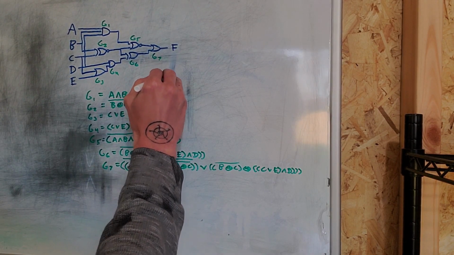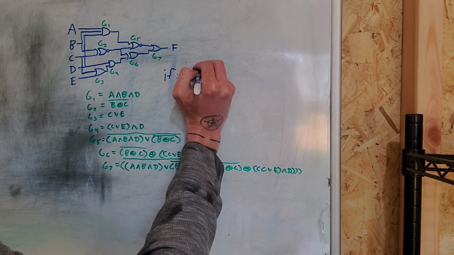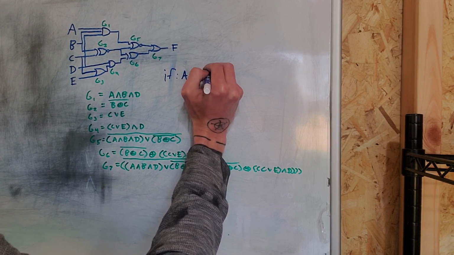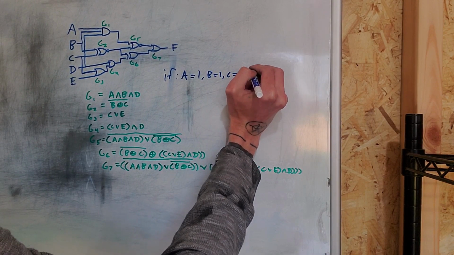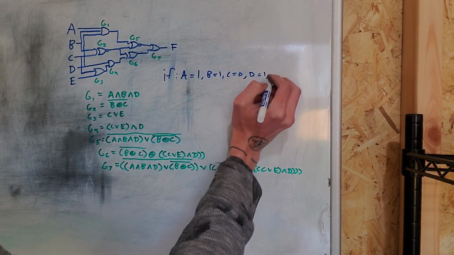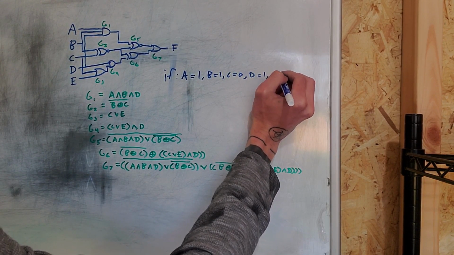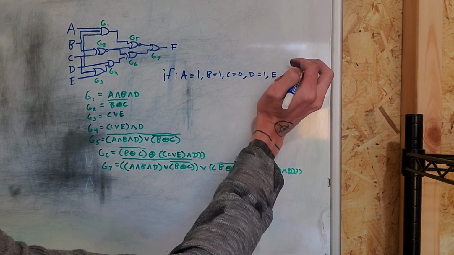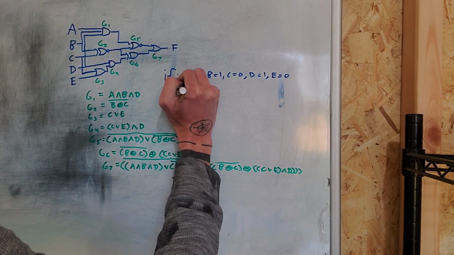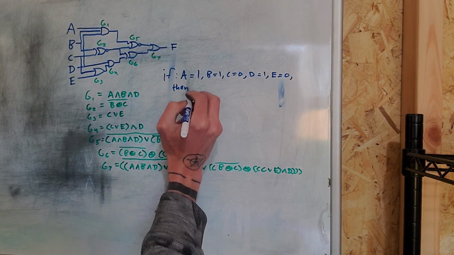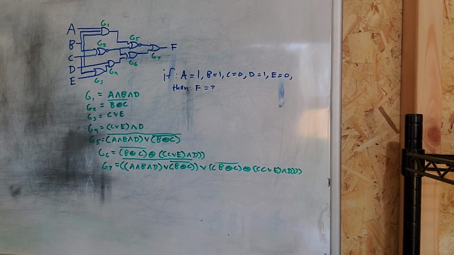So I'll say if A equals 1, B equals 1, C equals 0, D equals 1, and E equals 0, then F equals question mark.